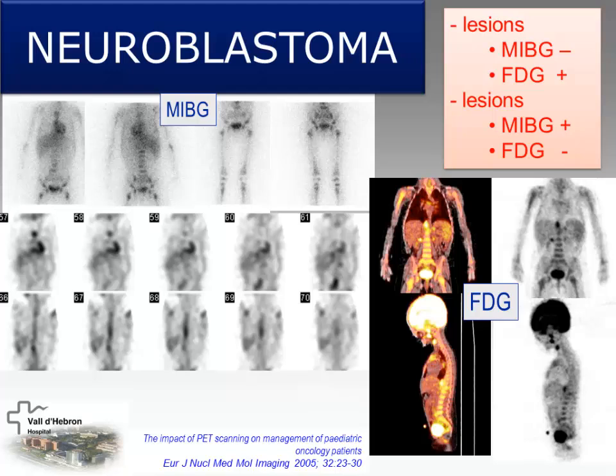In fact, the recommendation is to perform FDG PET in cases of clinical or radiological discordance, or when the MIBG converts to negative after being previously positive, or with a neuroblastoma that is initially MIBG negative. In these 3 cases, it is advisable to perform PET with FDG.